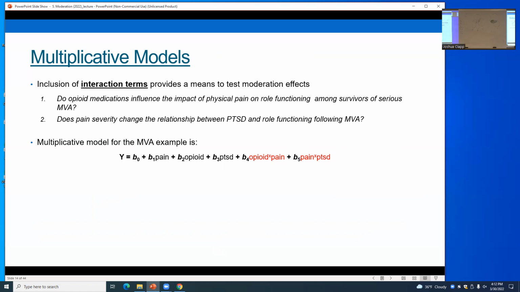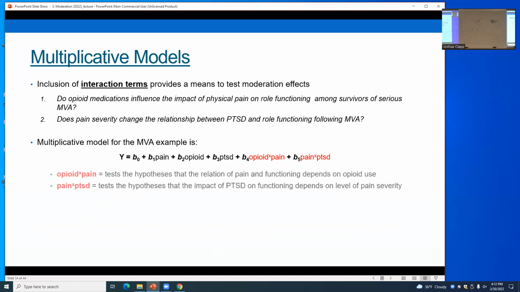An interaction. But in the presence of an interaction, we have conditional effects, right? Conditional in that this is the association between X and Y that changes depending on some other third variable. Okay. So with these new additional terms that we've included in here, my opiate by pain interaction tests the hypothesis that the relation of pain and functioning depends on opiate use.